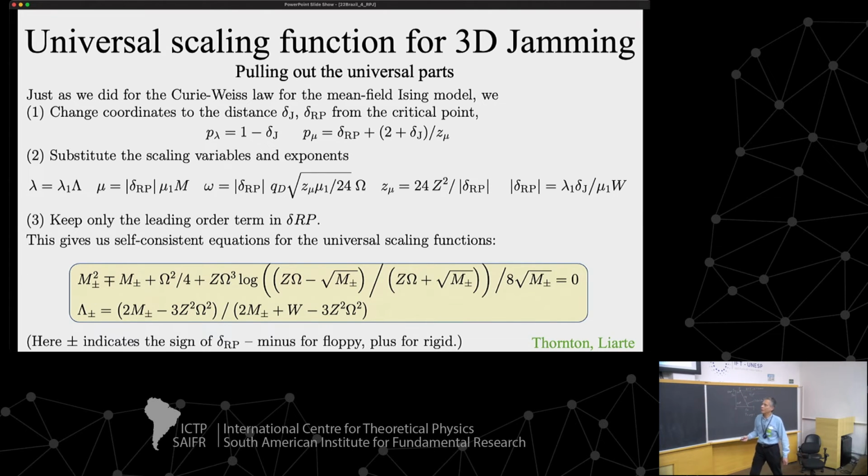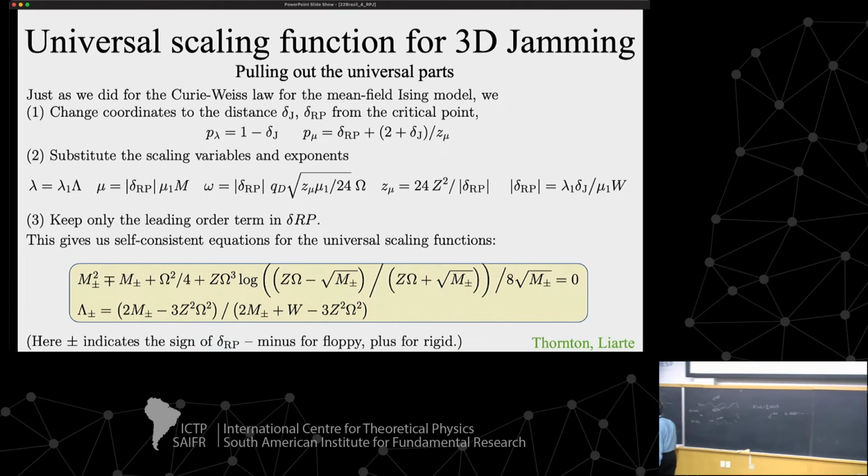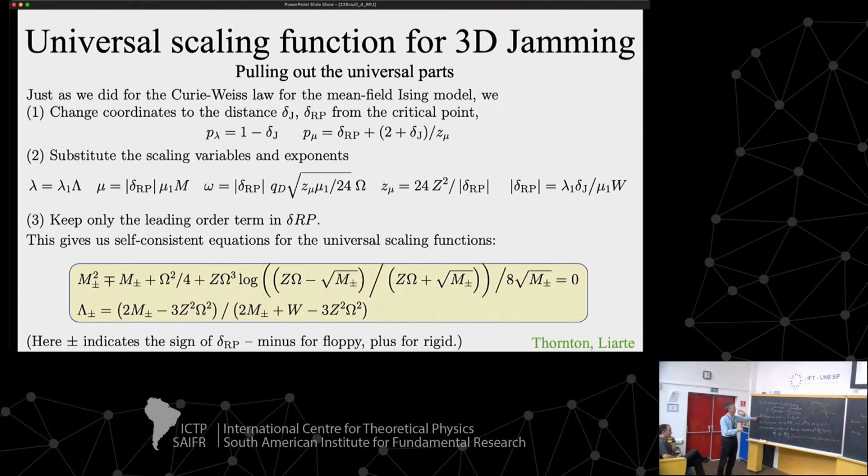Now we have step 2. The next 3 steps I'm going to just zoom through. The first one in the Curie-Weiss law, we shifted to Tc minus T. That becomes P lambda is 1 minus delta J. P mu is delta RP plus 2 plus delta.